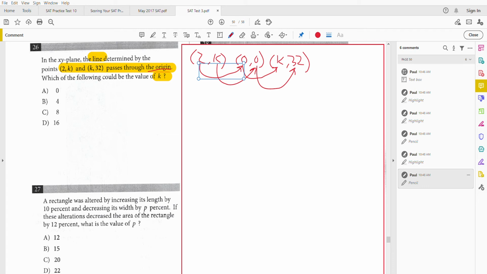You could set up y2 minus y1 over x2 minus x1. In that case, let's say that this is x1, y1, x2, y2.